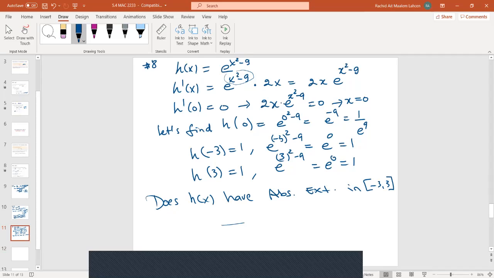If you look at negative 3, you have a value of 1.